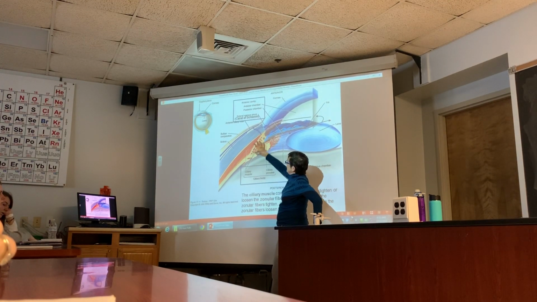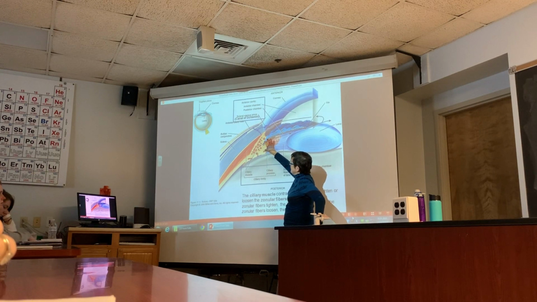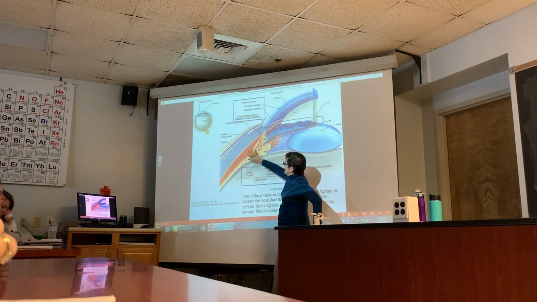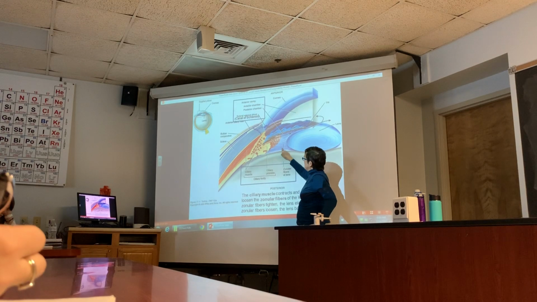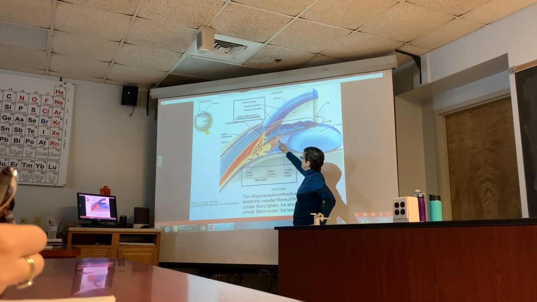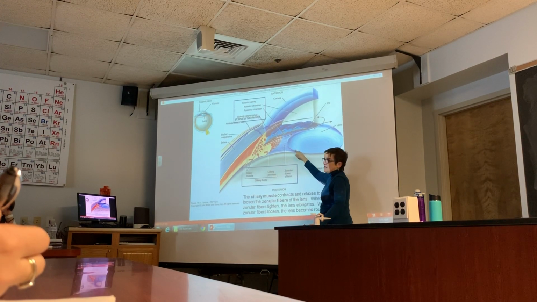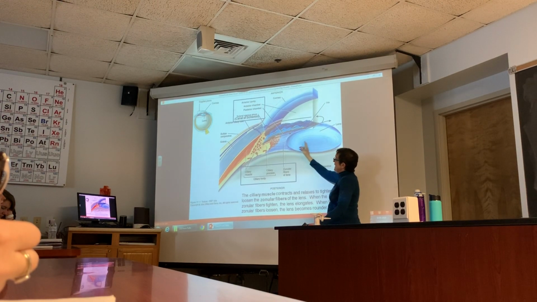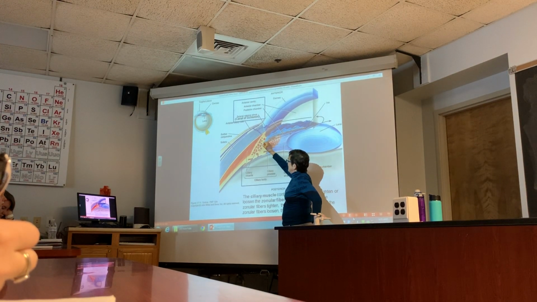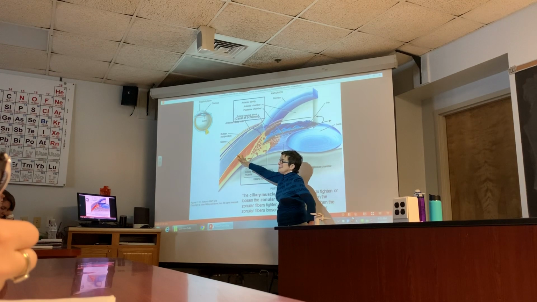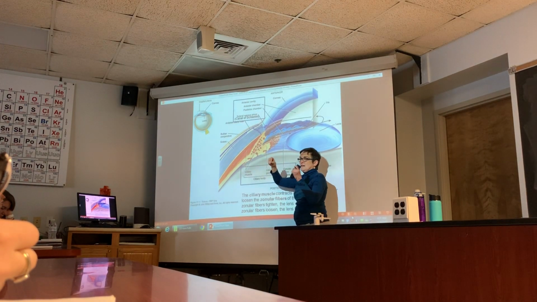The ciliary body contains ciliary smooth muscle that is attached to these zonular fibers, protein fibers that attach to the outer edges of the lens on each side. And so when the muscle contracts, it pulls on those fibers, and that elongates the lens.